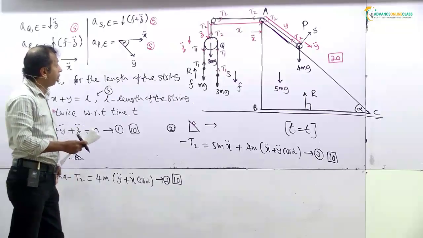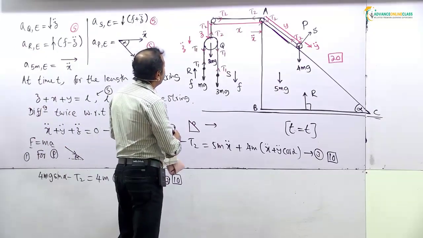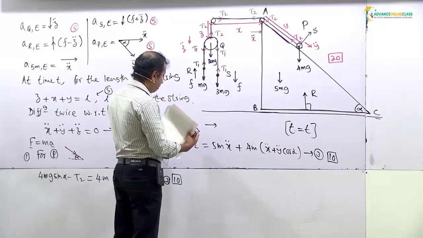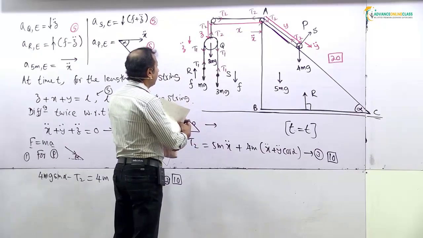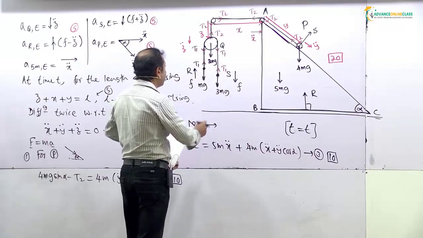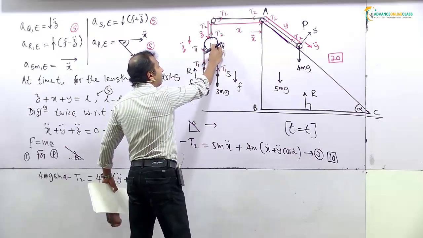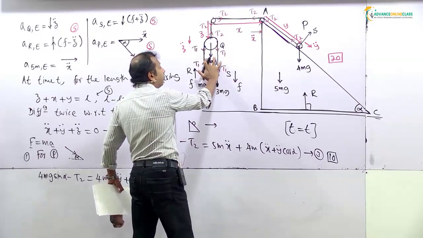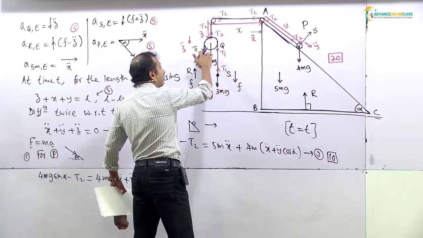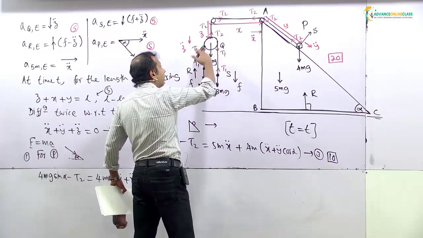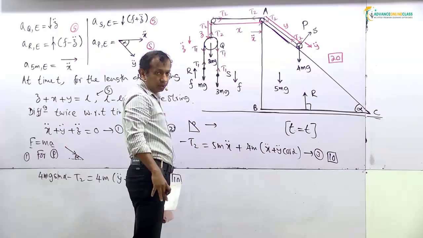Now we apply for this Q. What are the forces acting on Q? 2mg downward, T1, T1, 2T1 downward, upwards T2.